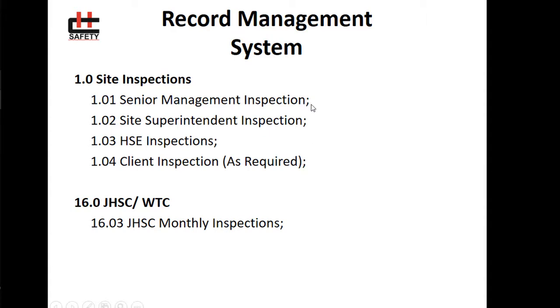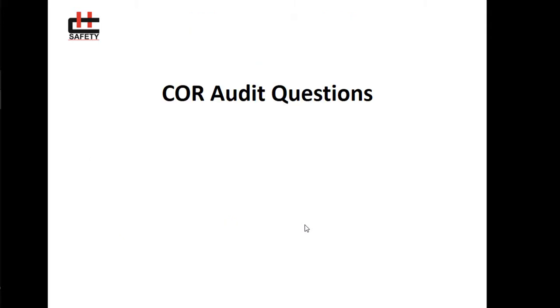In here, we're going to keep both senior management inspections, site superintendent inspections that are older than a week, your safety coordinator inspections, and if the client does inspections, we're also going to house them here as well. If there is a joint health and safety committee, they are going to file their inspections under file folder 16.0, Subfolder 16.03 Joint Health and Safety Monthly Inspections.